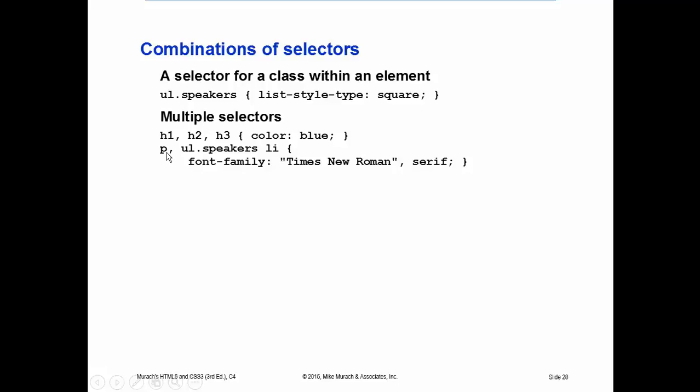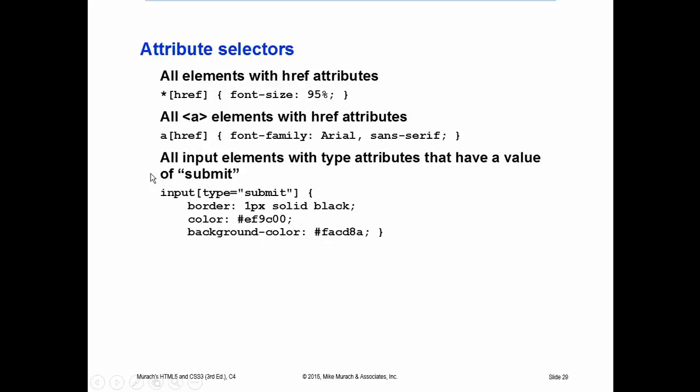This says for all paragraphs and for all LIs, remember that's list items, that are part of an unordered list with a class of speakers. So there's so many different ways that you can use this stuff in here. I can't say it too much. All these attribute selectors.